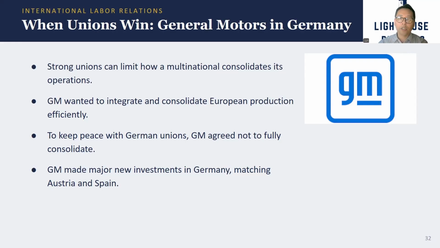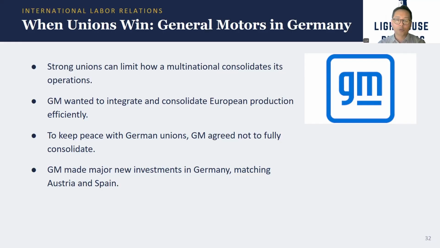But to gain peace with the powerful German metal workers union, GM agreed not to fully integrate and consolidate its operations in this way. Instead, GM made substantial new investments in Germany, deliberately matching its investment levels in Austria and Spain at the direct demand of the German unions.